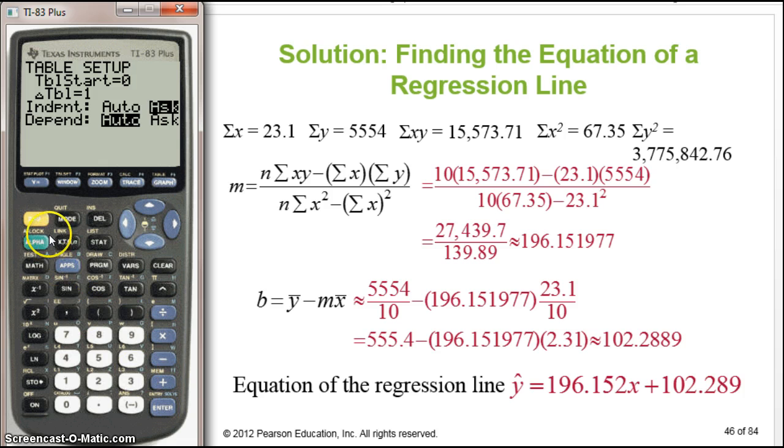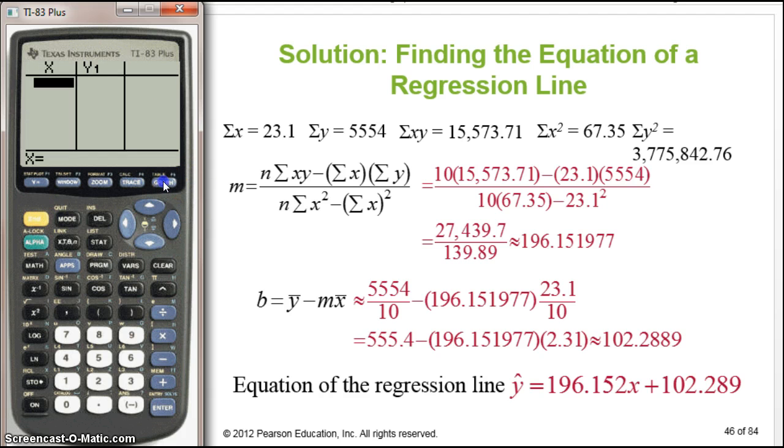And what happens is, then when you go to hit the yellow key and then the graph key, okay, you have a blank x and a blank y. What that means is you can type in the x value that you care about, only the ones that you care about, and once you type in that x, it'll shoot out the y result. So if I type in, for example, what do I get for y when x is equal to 2, I can just type in 2 and hit enter.